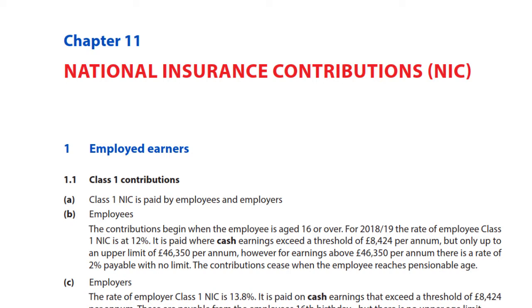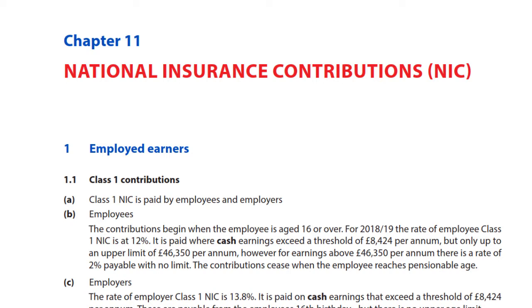So what do we deal with in terms of NICs? What we saw in income tax is two main forms of income. They are the forms of earned income, being employment income for the vast majority of UK taxpayers, but also, of course, and very importantly, for the self-employed, trading income. So it is that national insurance contributions will represent a further direct taxation in addition to income tax placed upon an employment income assessment or a trading income assessment.